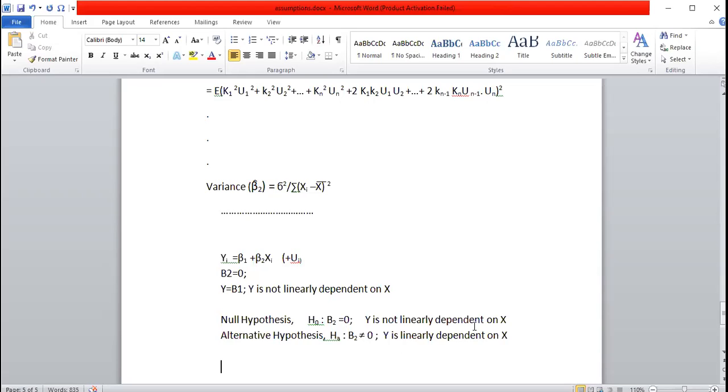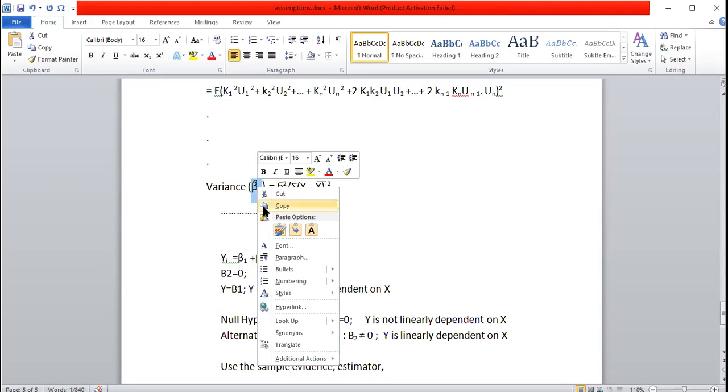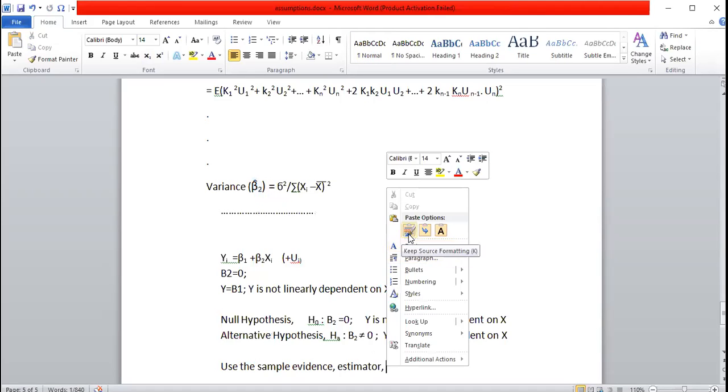When you are trying to test the population parameter beta 2, whether it's 0 or not, you use beta 2 hat, the sample evidence. You use that one to test whether beta 2 is 0 or not.